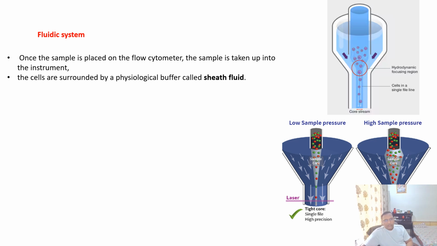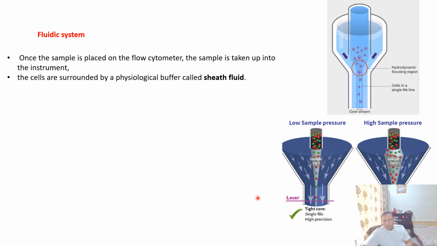The second system is the fluidic system, in which the sample is sucked by the flow cytometer and forced in a single file. For this single file, there is a certain pressure of the sample, and there is a surrounding sheath fluid.